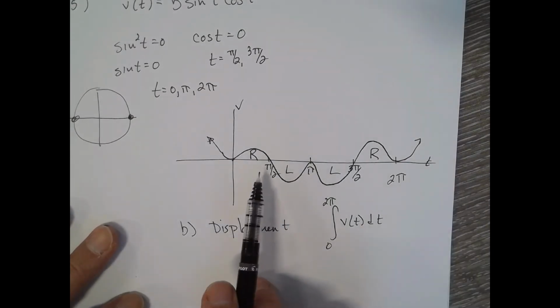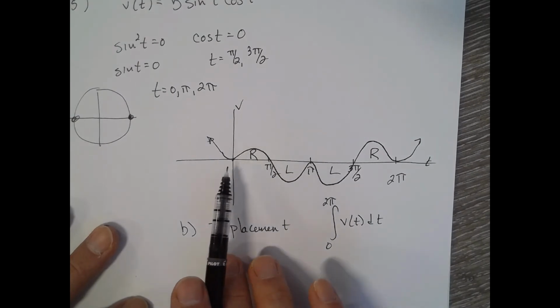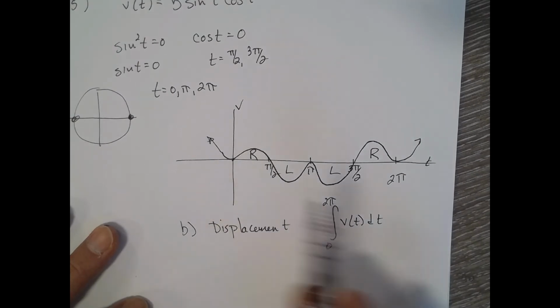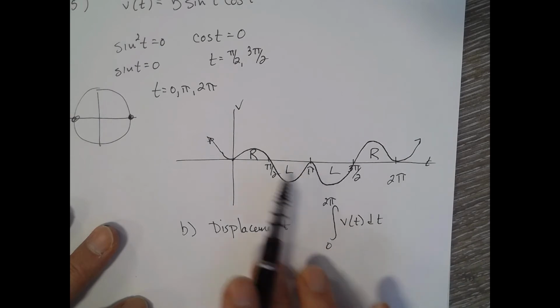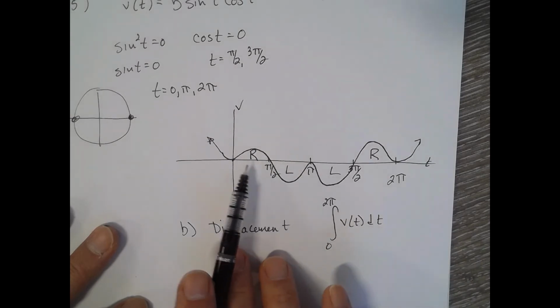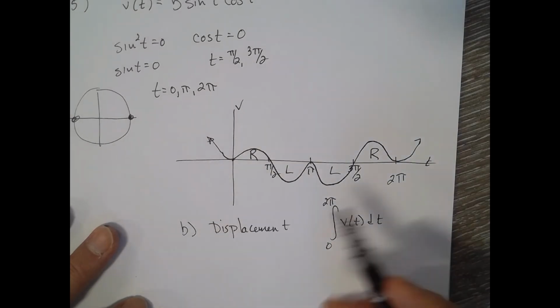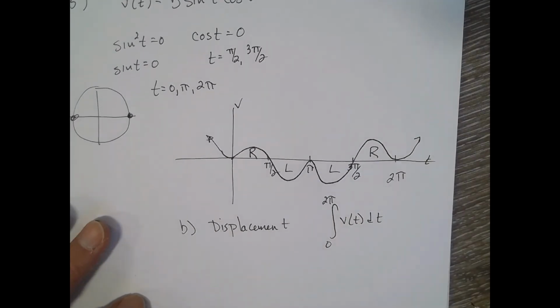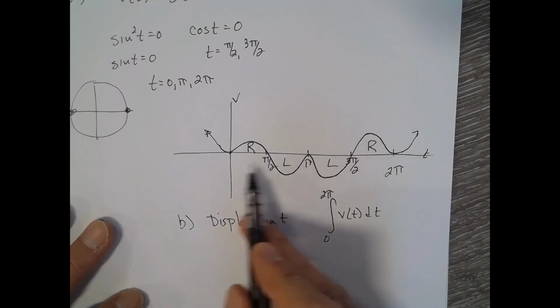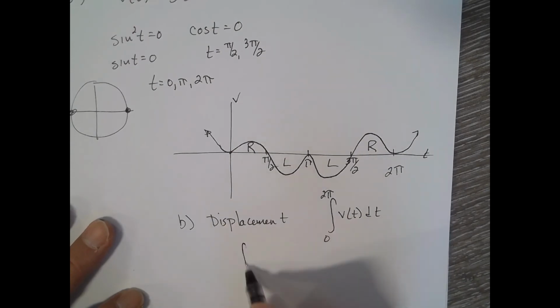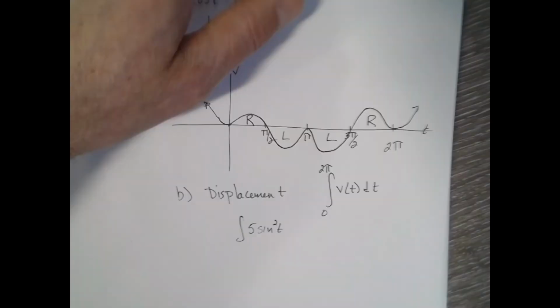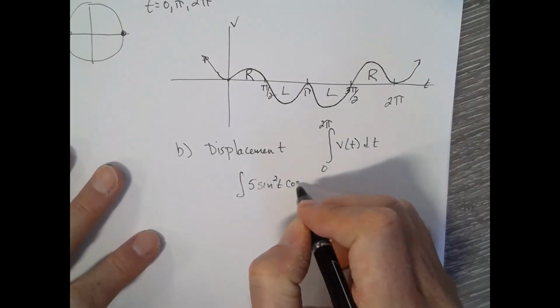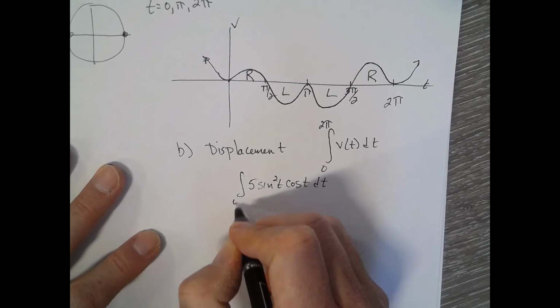We should probably double check, so we should integrate from 0 to pi over 2, and then from pi over 2 to pi, and if those are the same except opposite, then we're feeling pretty good about the displacement in the interval being 0. So let's integrate from 0 to pi over 2: 5 sine squared t cosine t dt.